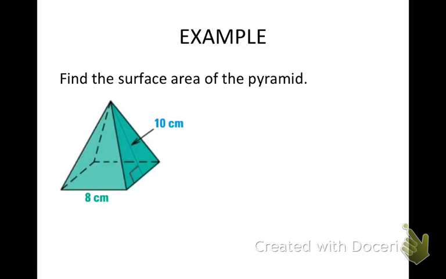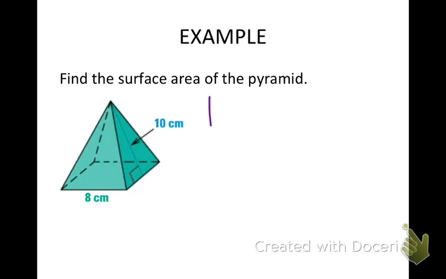Find the surface area of the pyramid. Well, you could, but notice which height is that 10 pointing to? It's already pointing to the slant height, so I already have it. So I don't need to find it. So this one's pretty easy, right?